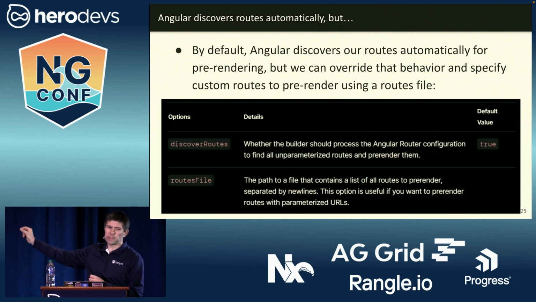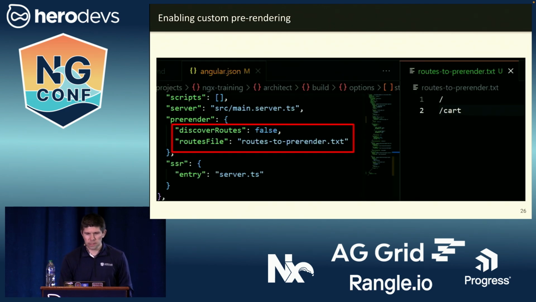And the second option that's interesting is the routes file, where you can tell Angular where to find the list of these routes that you want to get pre-rendered. So we'll see how to do that. There it is. That's an example. So if I want to enable custom pre-rendering, this is my Angular.json.